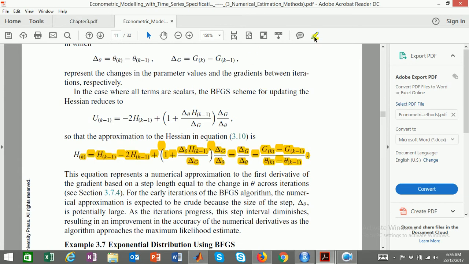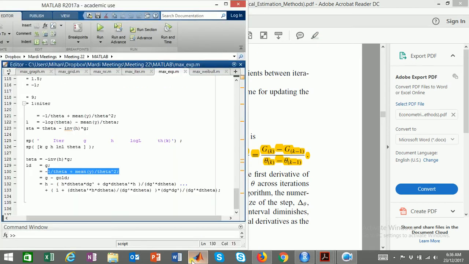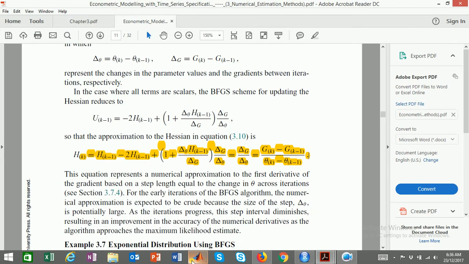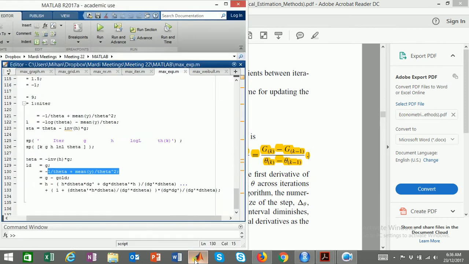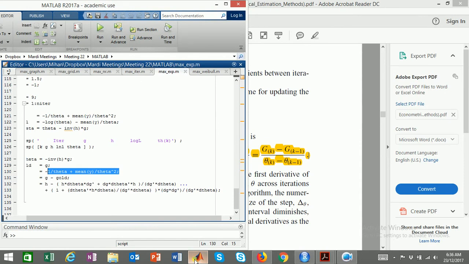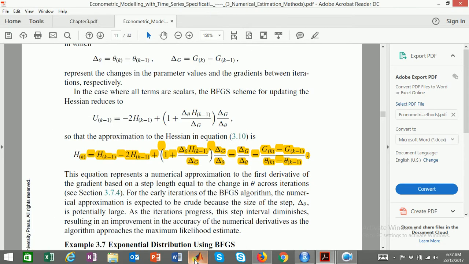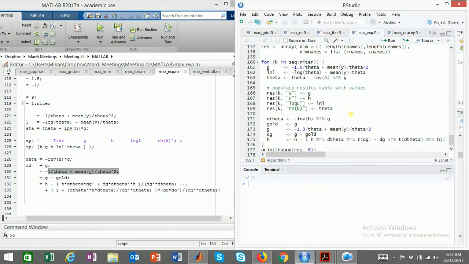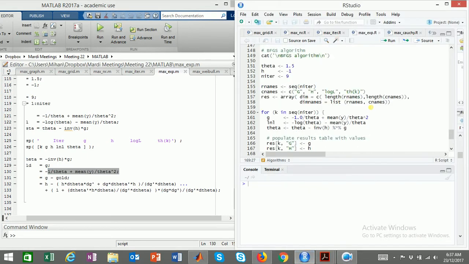Okay, h minus d theta into plus 1 plus d theta, h into d theta into dg transpose plus dg into d theta into h, d theta transpose into h, d theta into dg. Just have a look at the sequence. BHHH, this was pretty difficult, no?